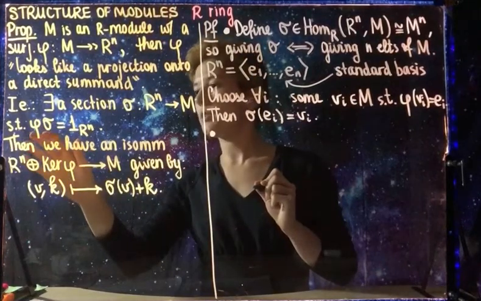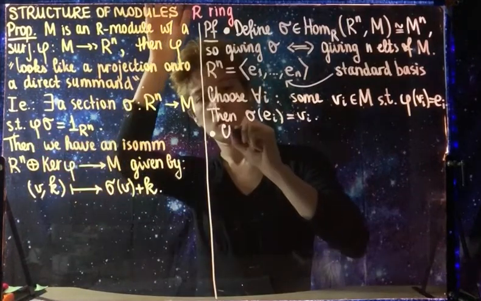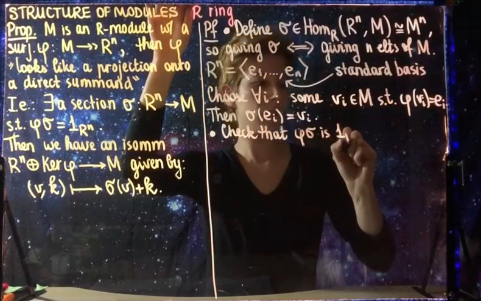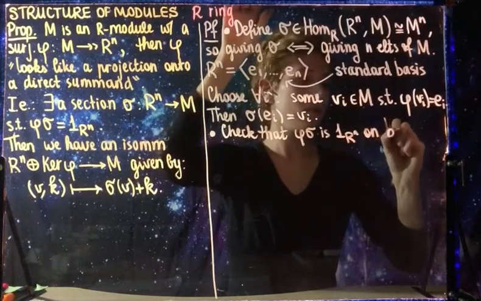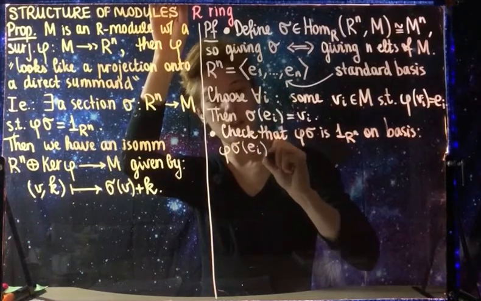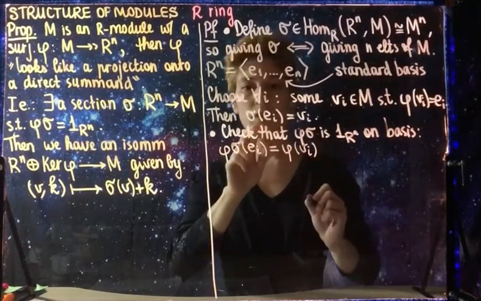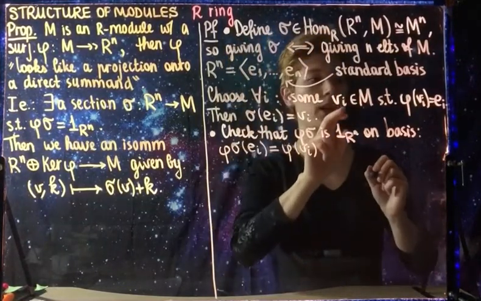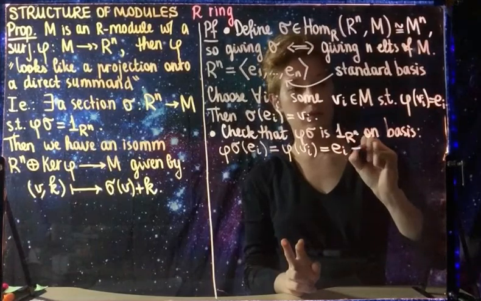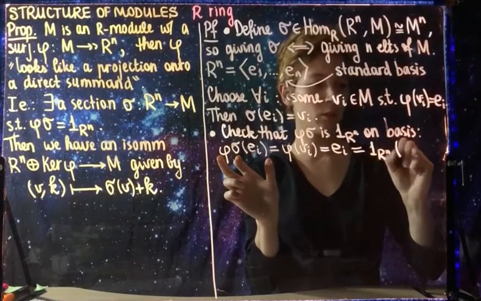Now I'm checking the property that phi sigma is the identity. So I check that phi sigma is the identity on the basis vectors. Phi sigma of ei is equal to phi of vi by the definition of sigma. And then we chose vi such that they go to ei under phi, so this is equal to ei. So this expression is equal to just the identity operator on ei.